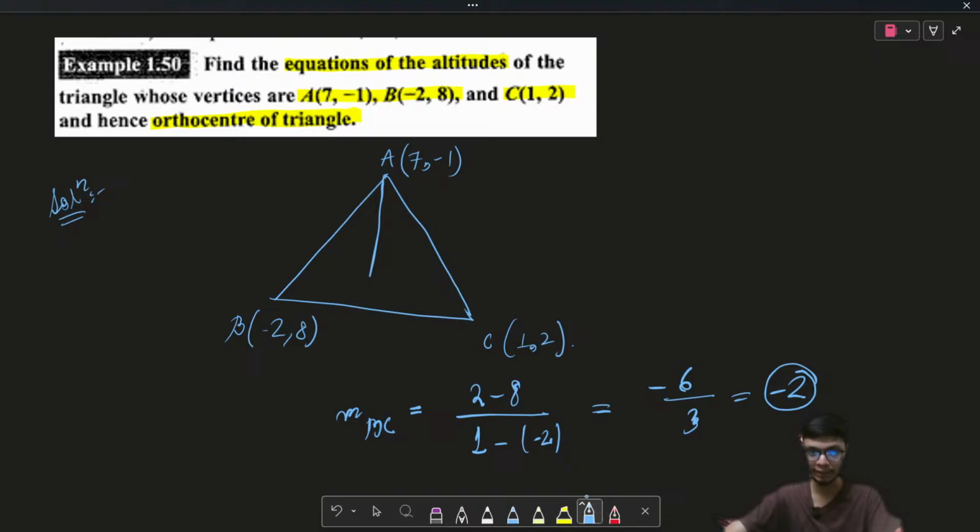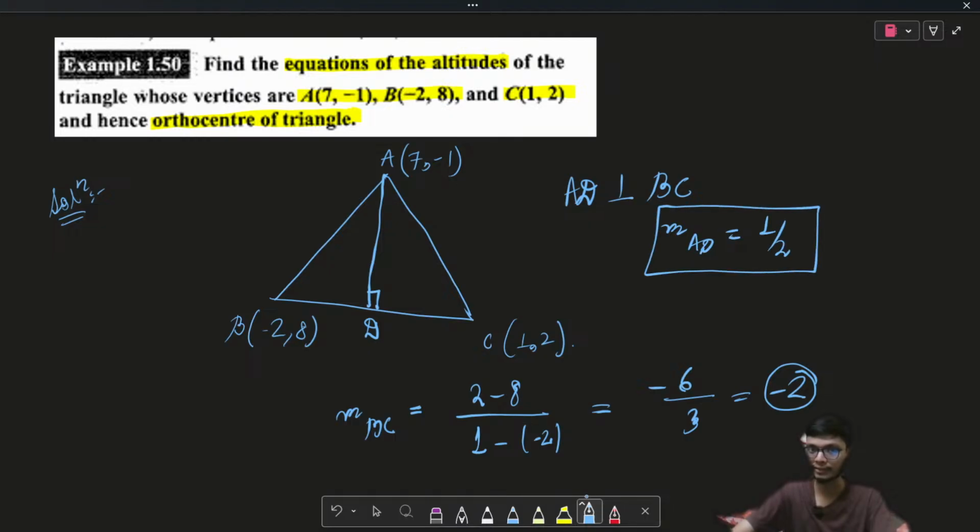The perpendicular line passing through A, let us say this is point D. So the slope of the line AD is going to be 1 upon 2. I'm using the concept of perpendicular lines: the slope of AD multiplied by slope of BC is going to be minus of 1.